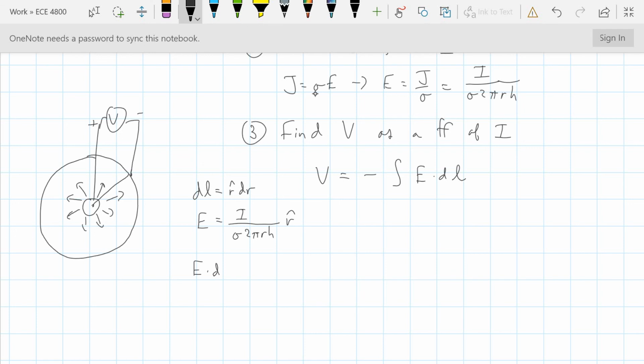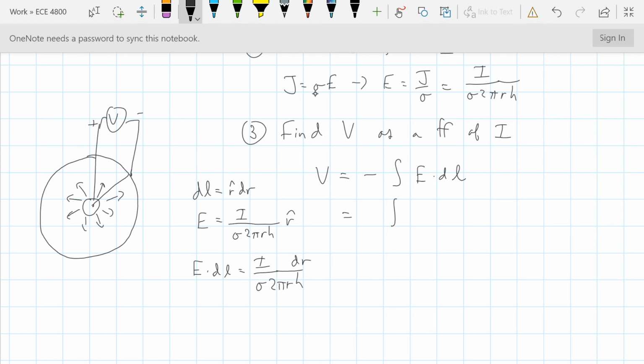So E dot dl, we're almost done. Sorry guys, for going over. E dot dl: you have R hat, they're pointing in the same direction, so you just have I over sigma times 2 pi RH times dr. When we do this integral, we're integrating from low to high potential.